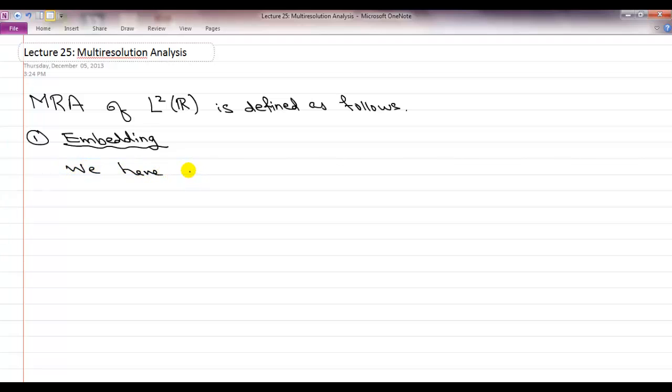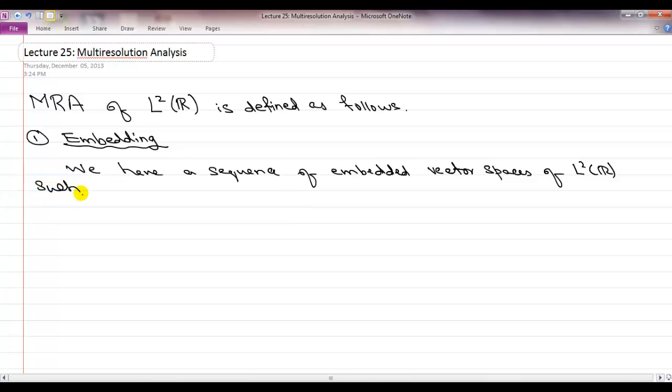a sequence of embedded vector spaces or subspaces of L2R such that each one is a subset of another one, and it's an infinite number of those things. So while Russian dolls, maybe there are like 5 or 10 max, this thing just keeps on going.